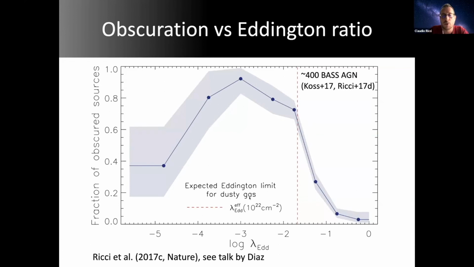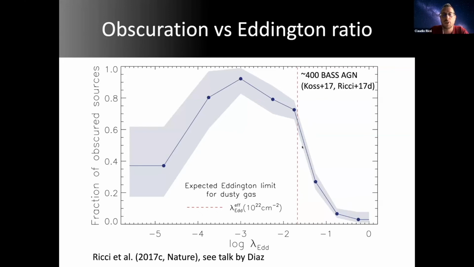And that's because when gas is coupled with dust, and dust has a much larger cross-section than fully ionized gas, one can be effectively above the Eddington limit at a few percent of the Eddington ratio. So this is consistent with the idea that it is actually radiative feedback that is changing the shape of the environment of accreting supermassive black holes.